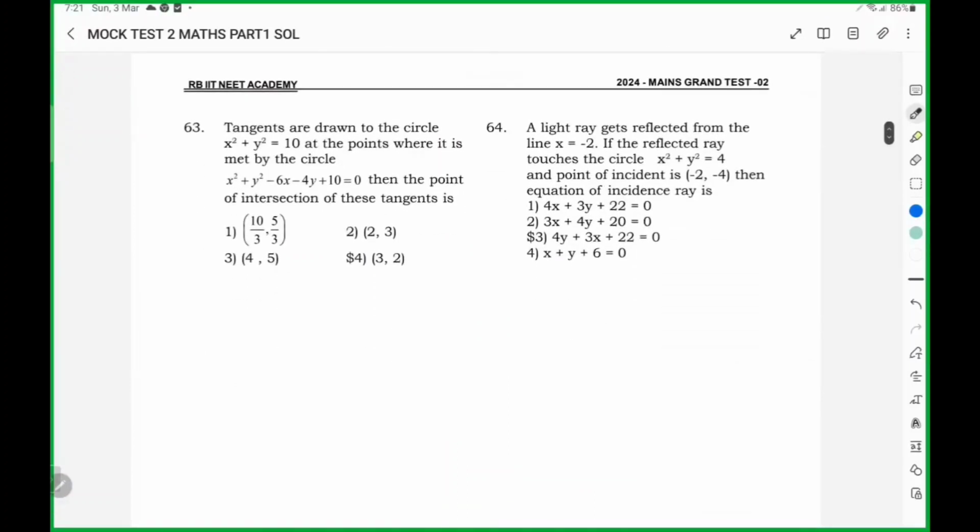Here tangents are drawn to the circle at the points where it is met by the circle.